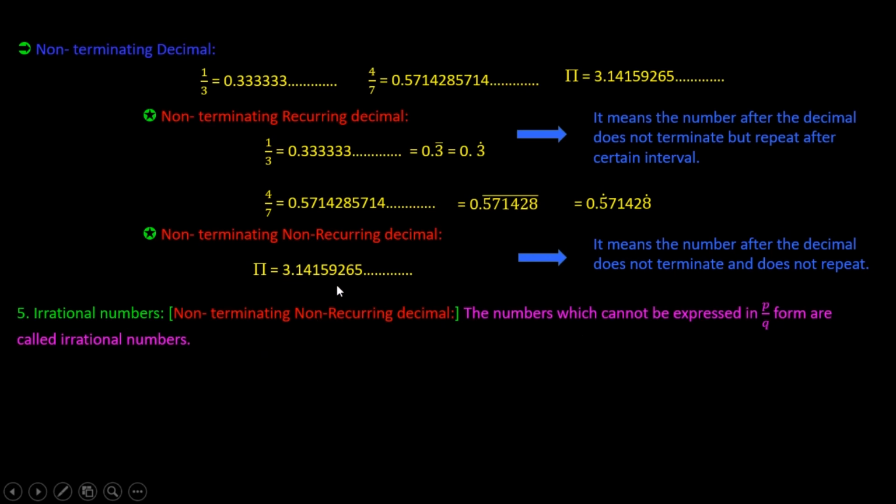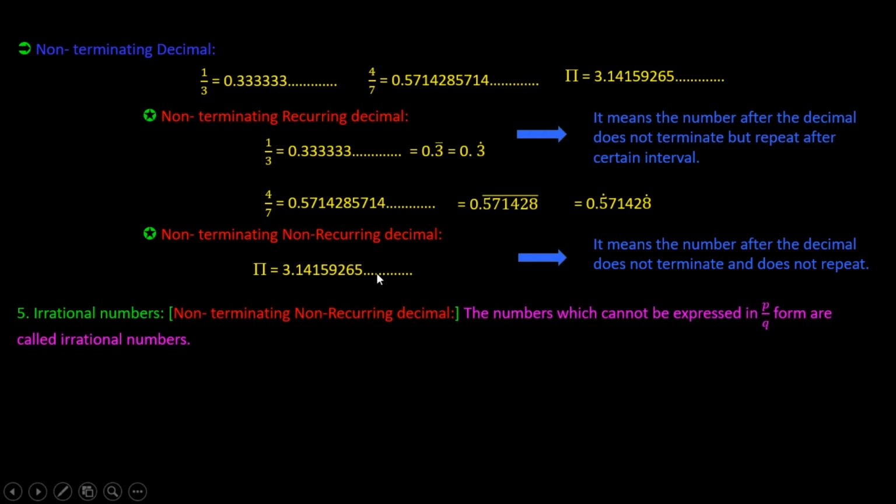But in some books you will see that pi is also represented as 22 by 7. But 22 by 7 and pi are not exactly equal. They are equal up to 2 places after the decimal only; pi has the value 3.14 and something more, and after that there is a difference between pi and 22 by 7.